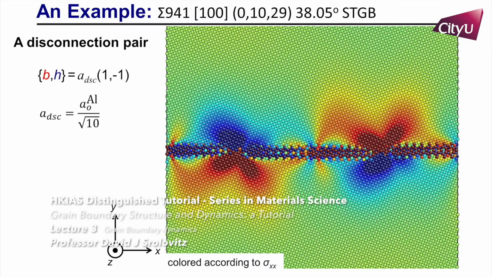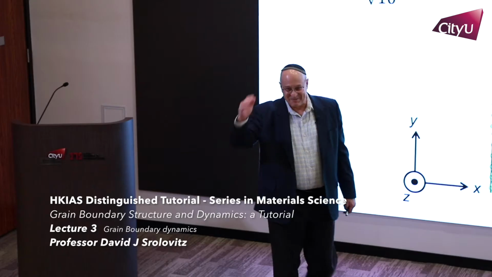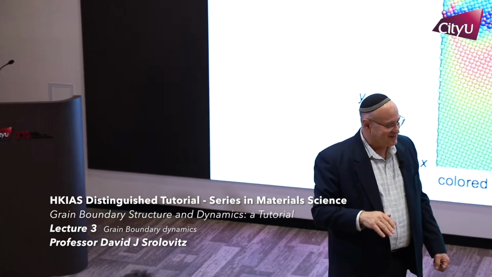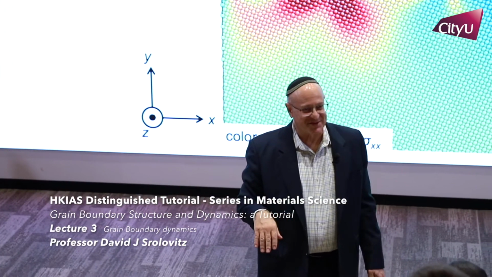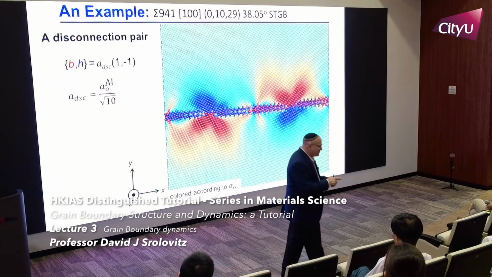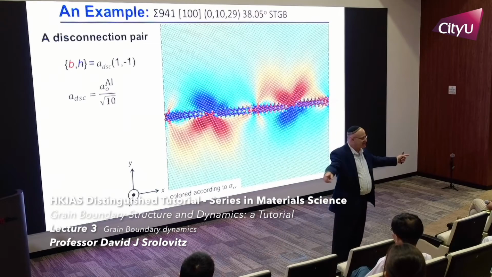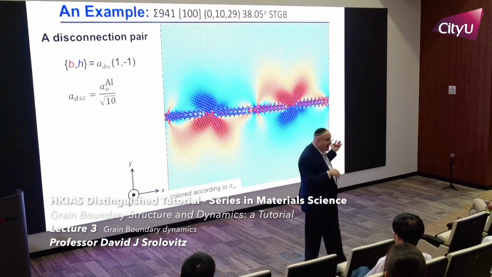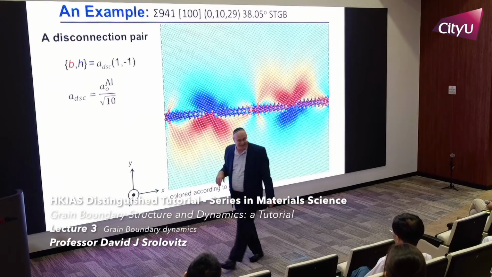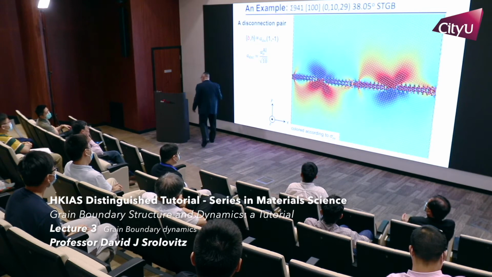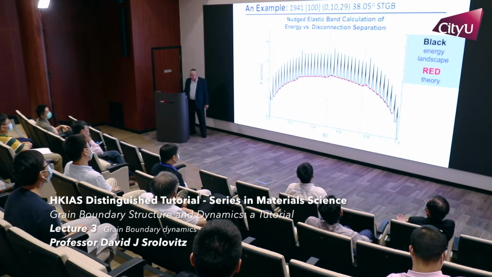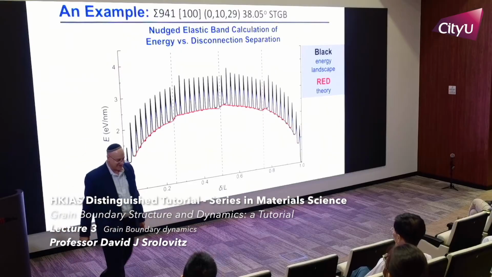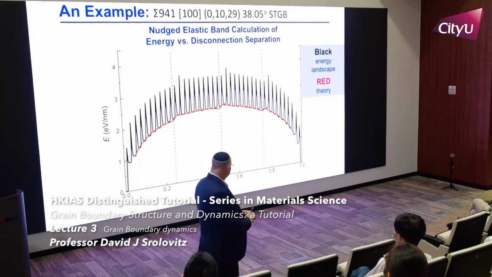Now, let me stick with the sigma 941 grain boundary, just because I can do it, so I'll be perverse and stick with this one. And let me ask, what is the actual energy as a function of separation of these two disconnections? I wrote down a very simple model for it, but does it really work? So what we can do is an atomistic simulation. We call this a nudged elastic band calculation. Doesn't matter for this discussion.